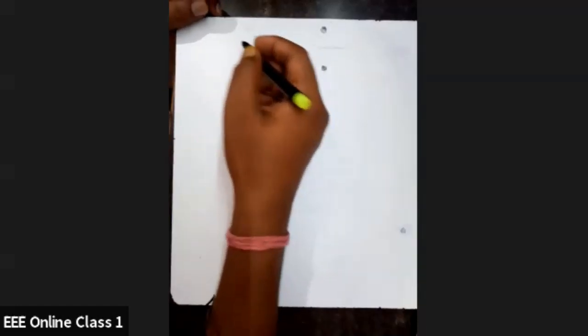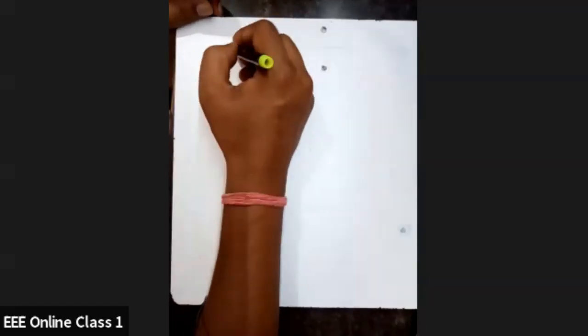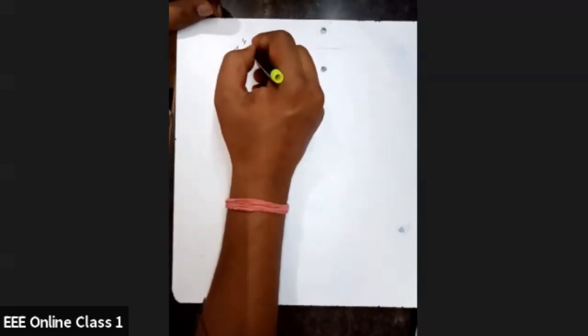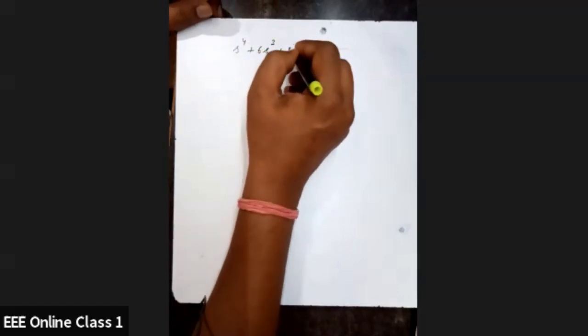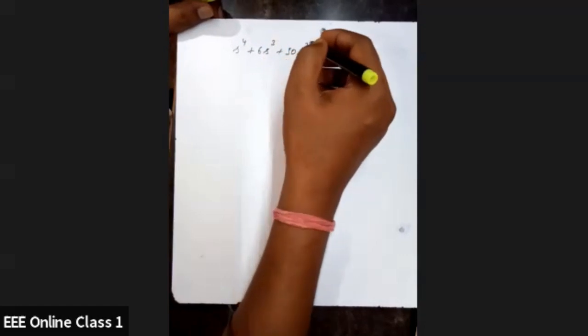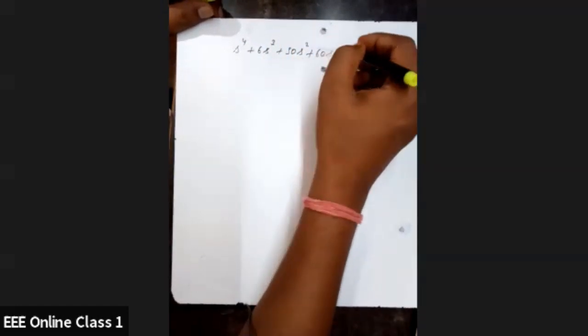The characteristic equation is given as S^4 plus 6 S cube plus 30 S square plus 60 S plus K. So we have to find out the range of K in which this system is stable using RH criteria, or RH stability criterion.